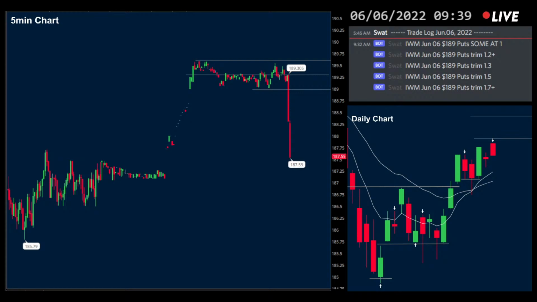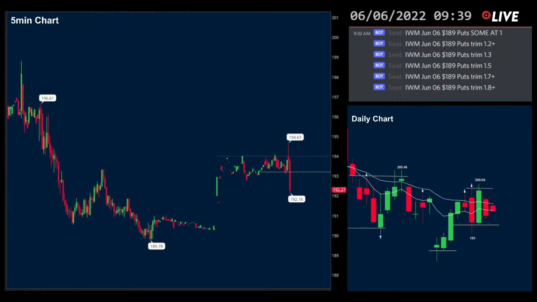Okay, trim some more. 80% gains in 8 minutes. Well done, guys. Facebook also fading.